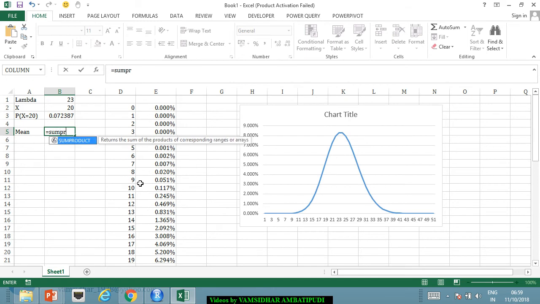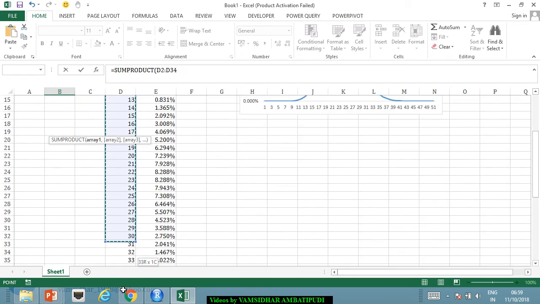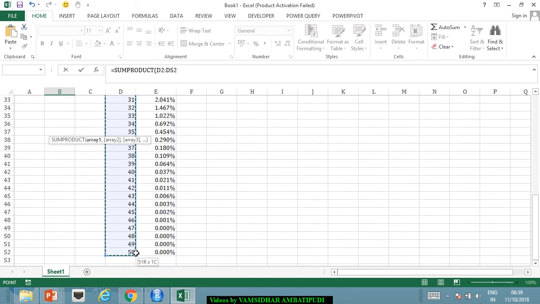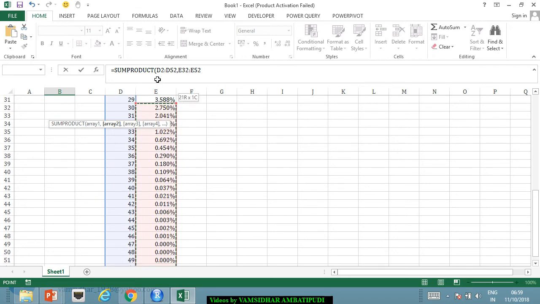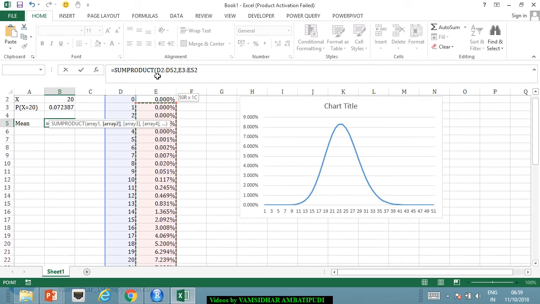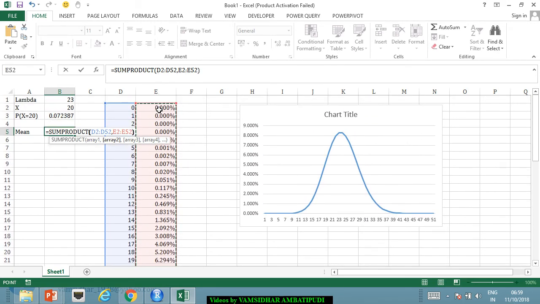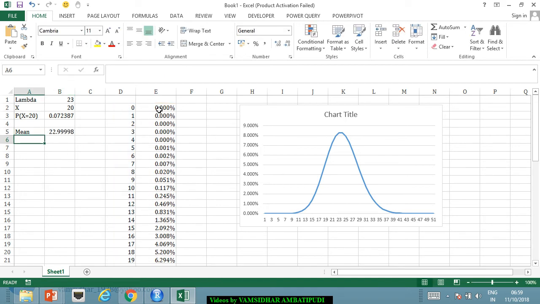In Excel I use the typical SUMPRODUCT, where this is my first array and this is my second array. I do a pairwise multiplication and addition, which gives me a mean of approximately 23. Even if I round it, it comes out to 23, right?